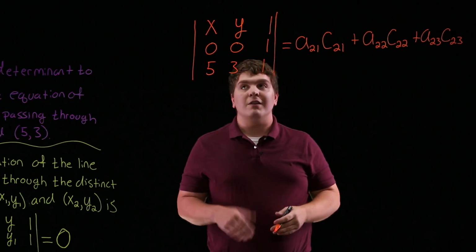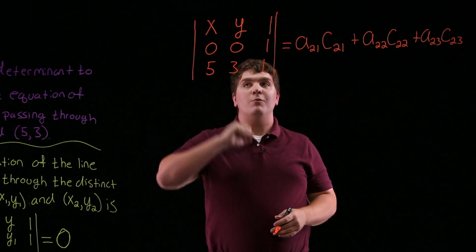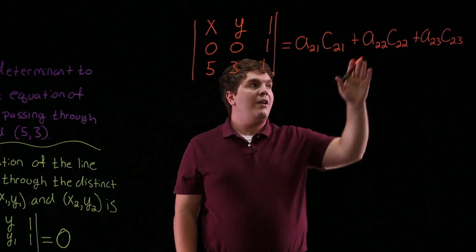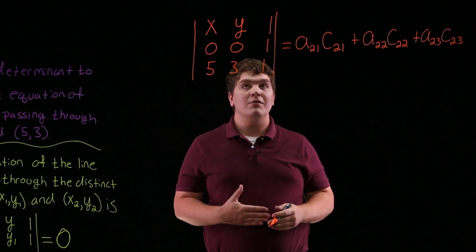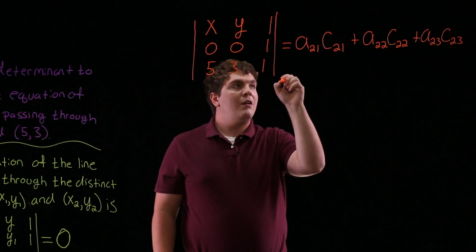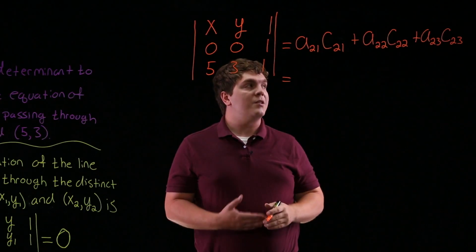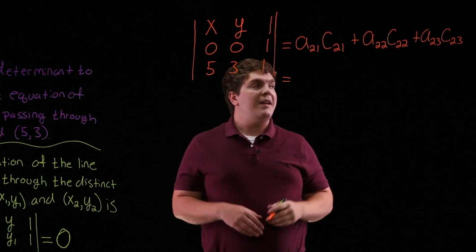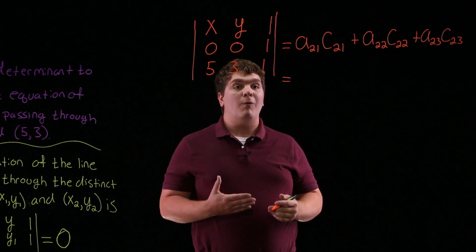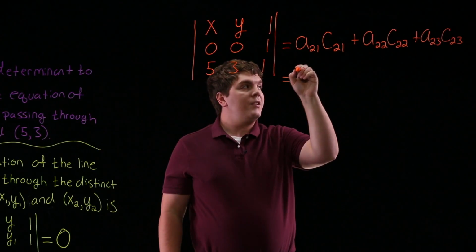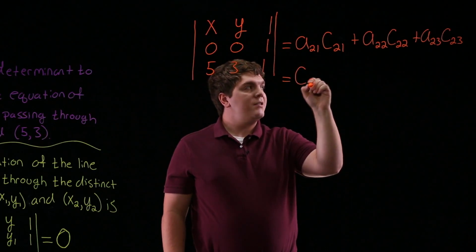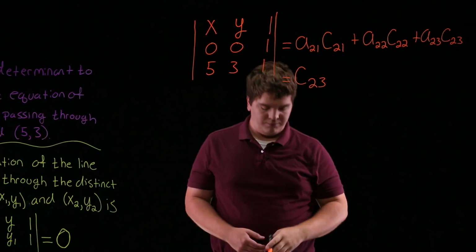By looking at our matrix, we know that A21 is equal to 0, and A22 is also equal to 0, so these two terms will disappear, and we know that A23 is equal to 1. So our determinant is just going to be the cofactor C23.